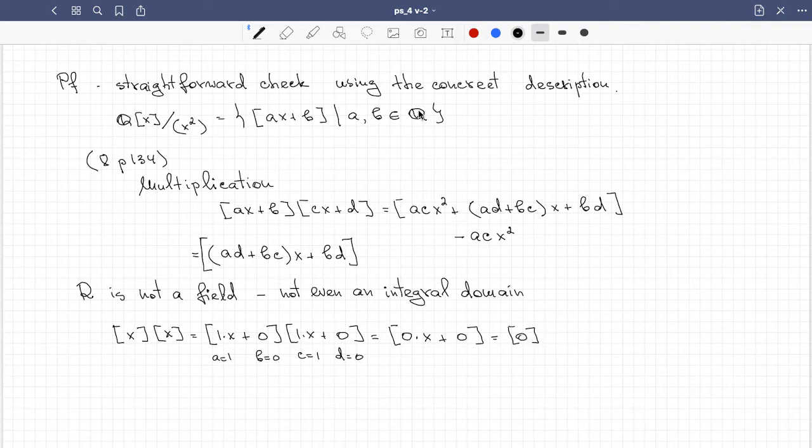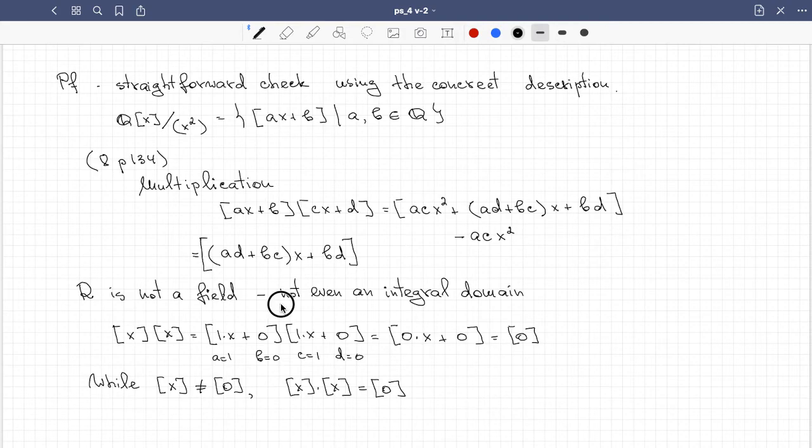In this ring, it is easy to see that a equals b equals 0 is the 0 in the ring. And this x is not 0, so while x is different from 0, x times x is 0.